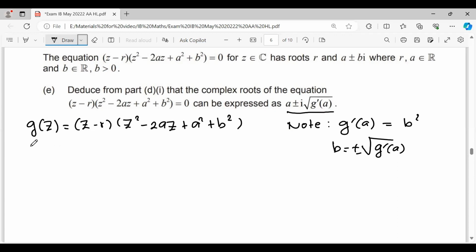Now if this expression equals 0, we're going to find the roots.